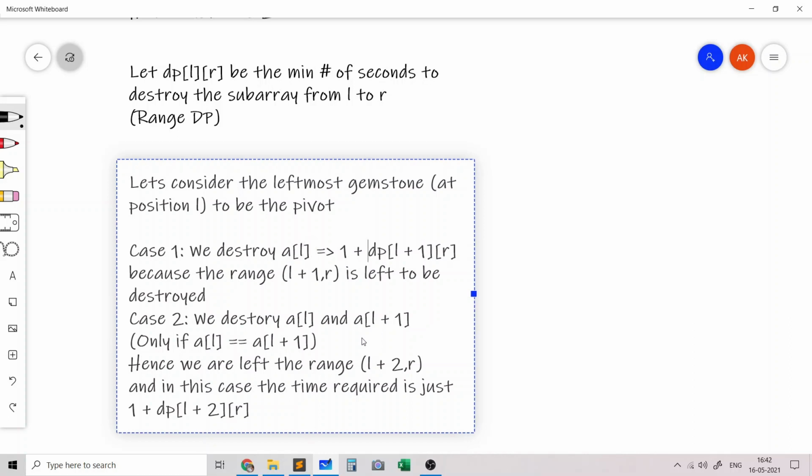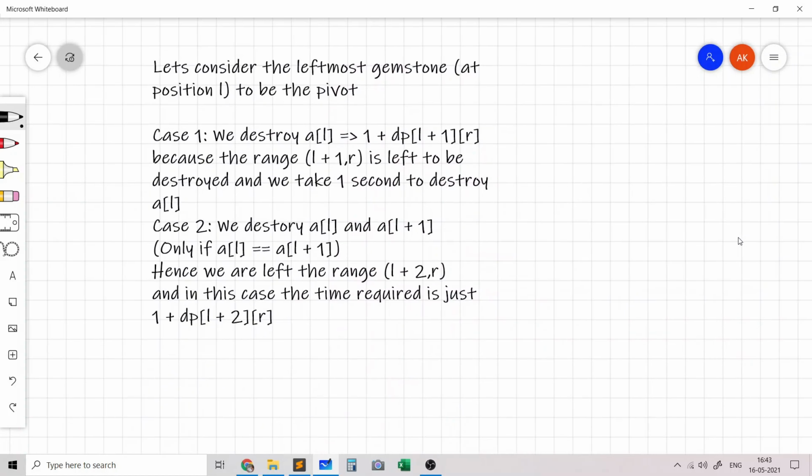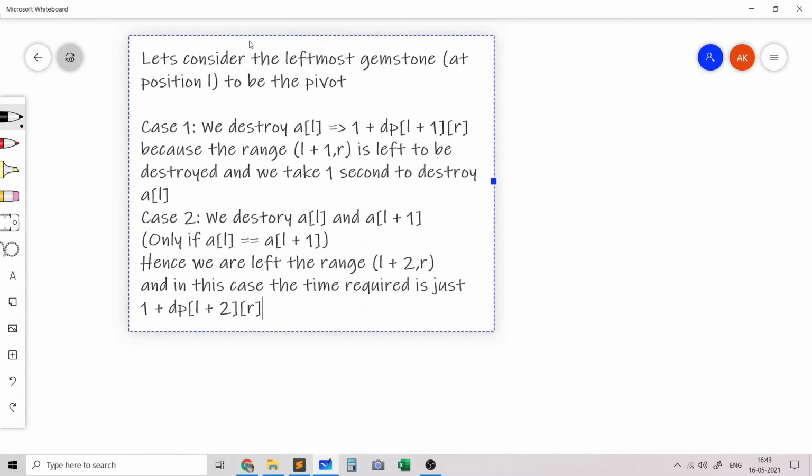Over here also we need 1 plus DP of L plus 1 R, because the range L plus 1 to R is left to be destroyed, and we take 1 second. So these are our first two cases. Sorry about not mentioning 1 plus DP of L plus 1 to R in the first case, and in the second case we are left with 1 plus DP of L plus 2 to R.